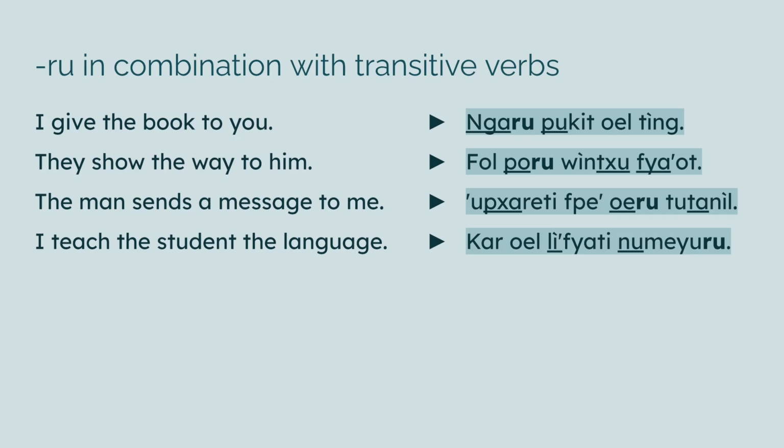In Na'vi, the direct object is always the topic that you are teaching. And the indirect object is always the person to whom you are teaching. So even if I just say I teach the student, then I would say kar oe numejuru. So the numeju, the student, would still receive the ru case ending because they are still the person that receives the teaching.